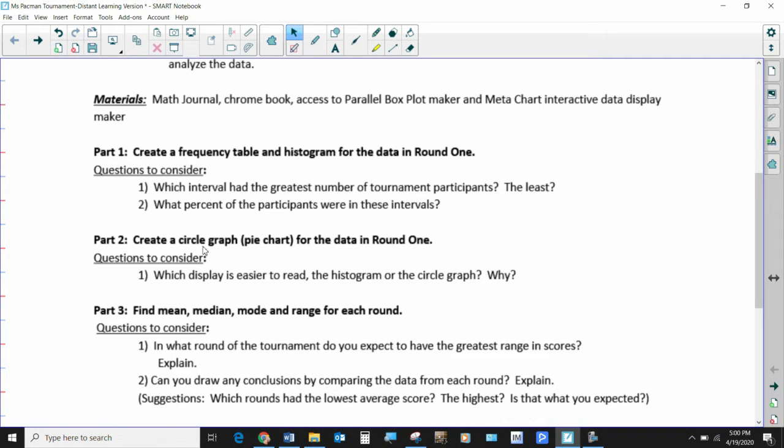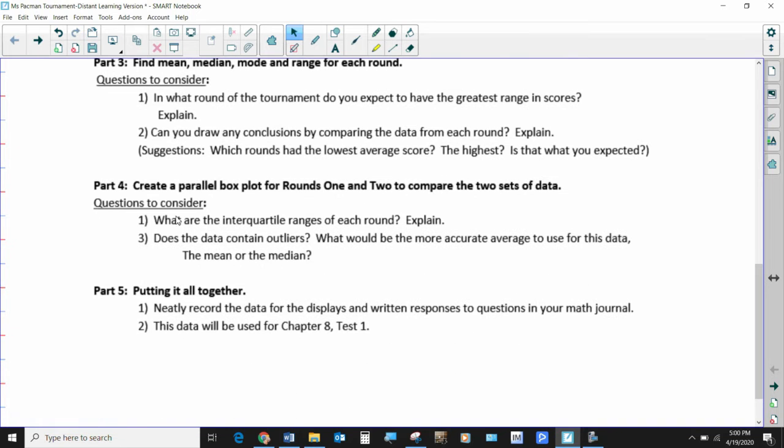Tomorrow, I will show you how to create a circle graph. Wednesday, we will find the mean, median, mode, and range, and I will show you how to take a Google spreadsheet to make this job much, much easier. And on day 4, we're going to create a parallel box plot to compare rounds 1 and 2 and see what we can learn from all that.